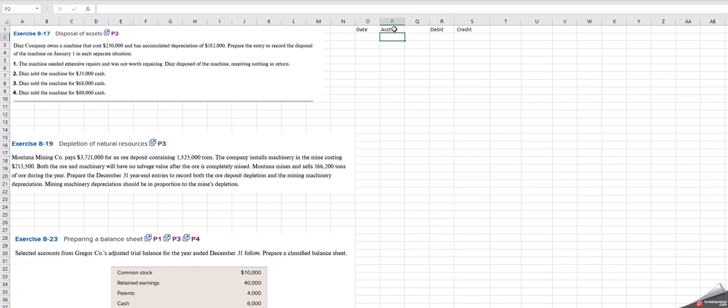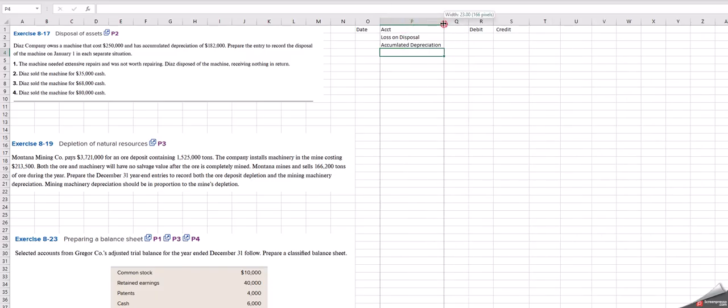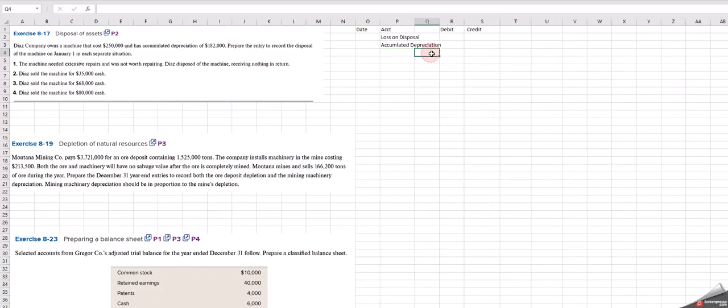So if they dispose of it for nothing in return, we are going to have a loss on the disposal as a debit. We're going to debit accumulated depreciation. And then we're going to credit the equipment or the machine.